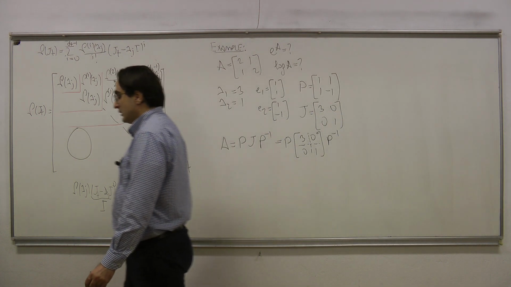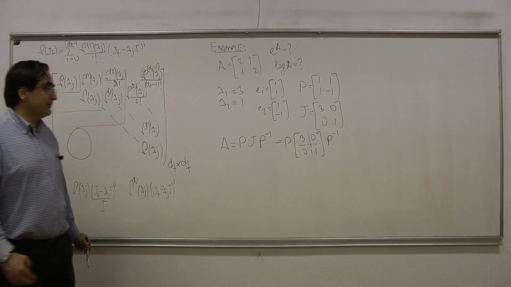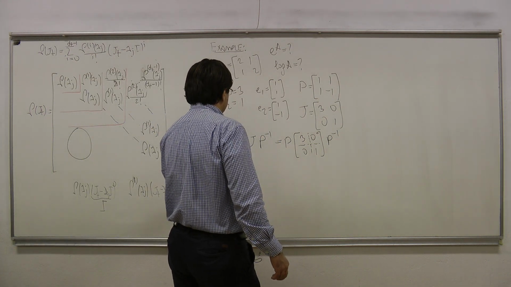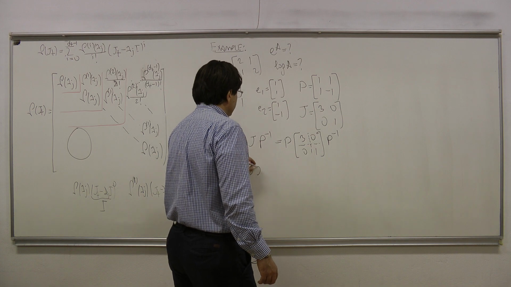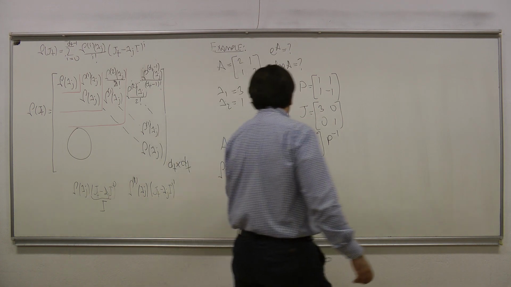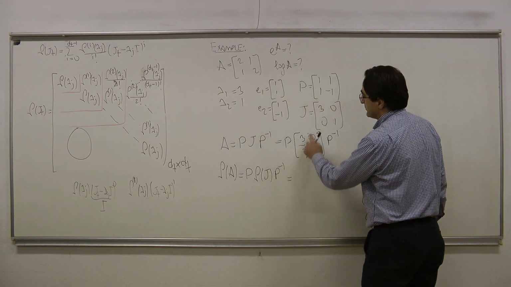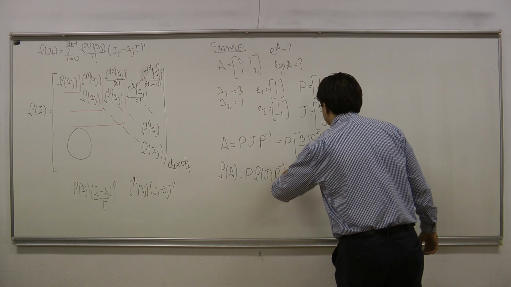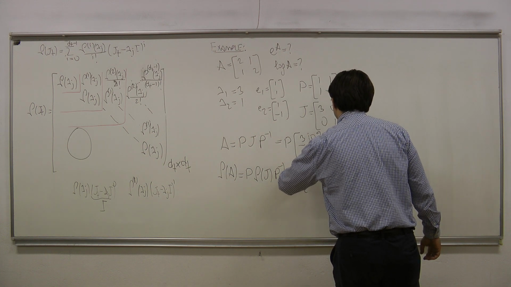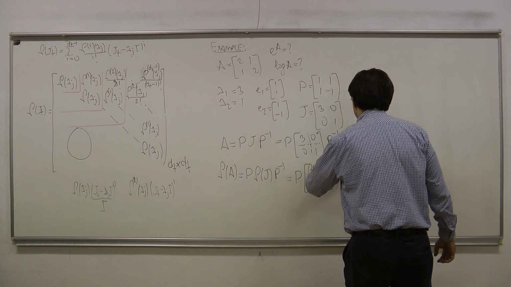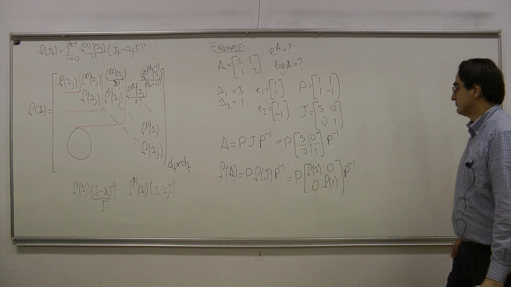Now when I try to calculate f of A, that is going to be P times f of J times P inverse. And I know that f of J can be obtained by passing these single Jordan blocks through the function f. This is going to be P, f of 3, f of 1, and 0, times P inverse.